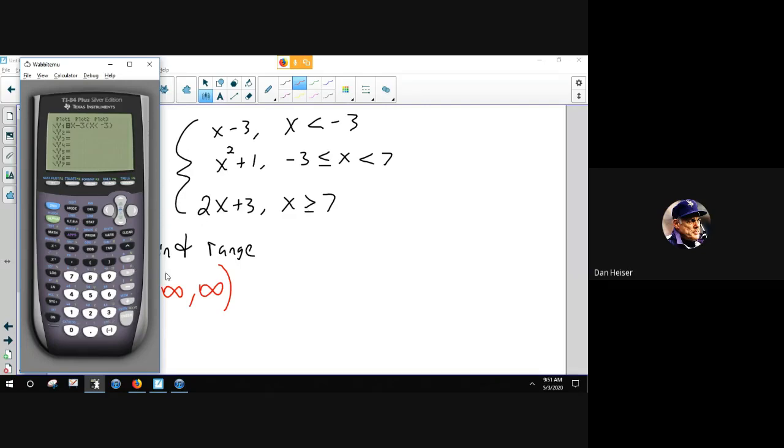Close it. And I have x minus 3. But then I'm telling the calculator, I only want that graphed for values that are smaller than negative 3. If you don't believe me, let me... Uh-oh. Something wrong. Something happened here. That does not look right. What happened?